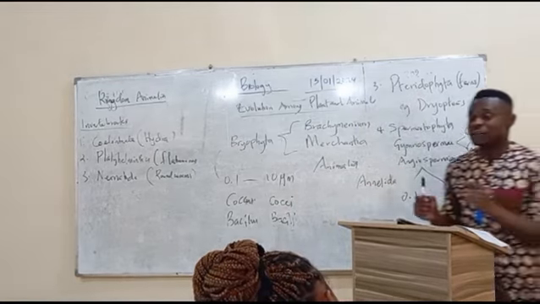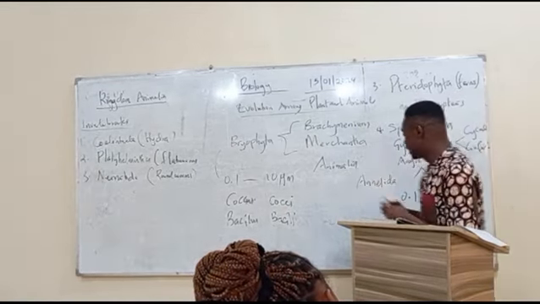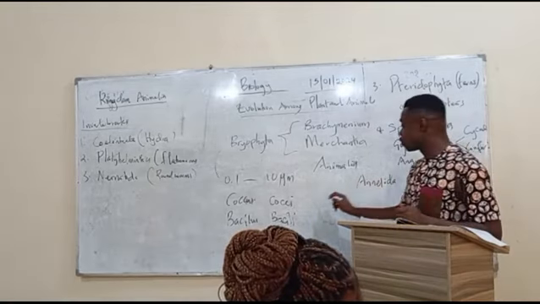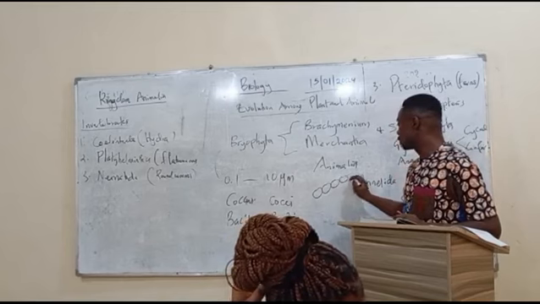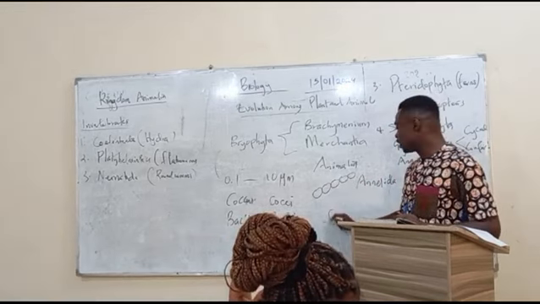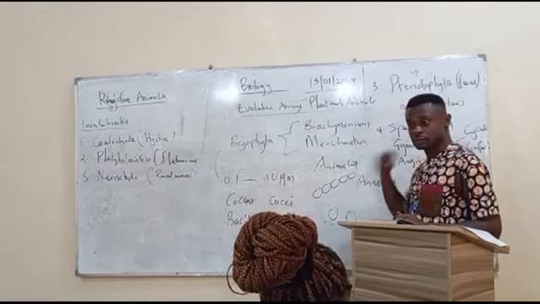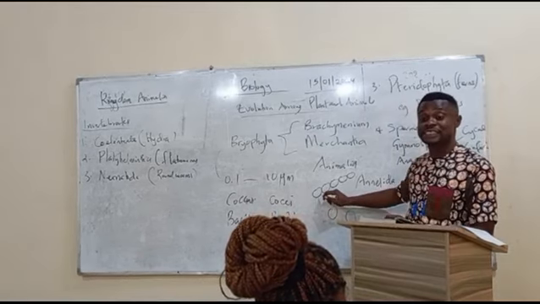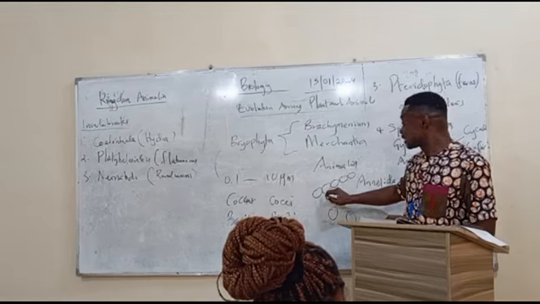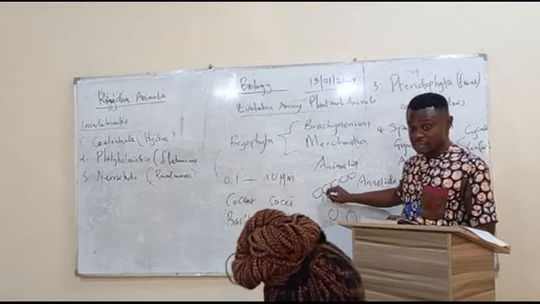Now there are ones that appear on their own, and the ones that come like chains. You see them like this: spherical, but in chains. The one that is on its own is just coccus. The one that is in chains is strepto. Strepto what?